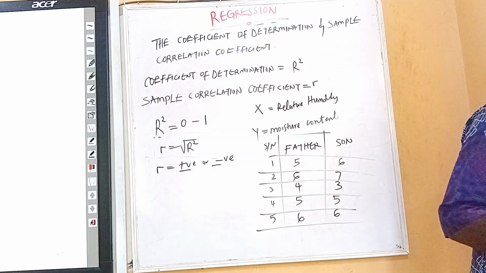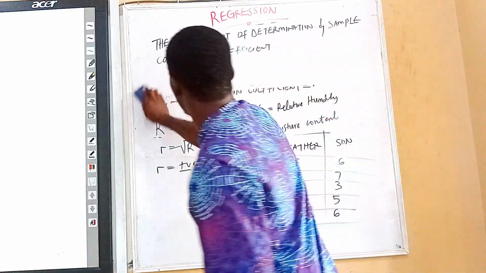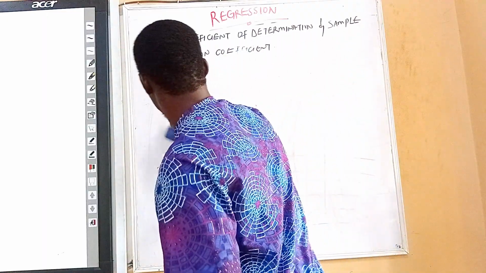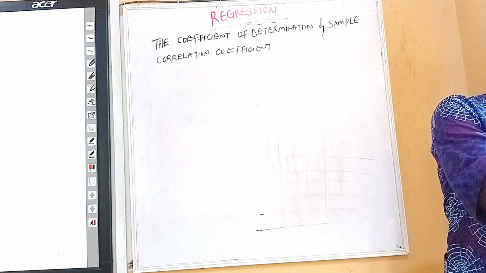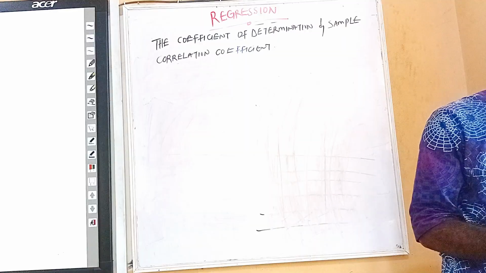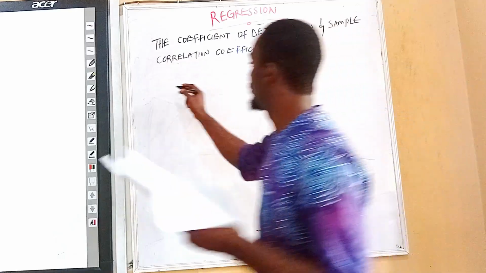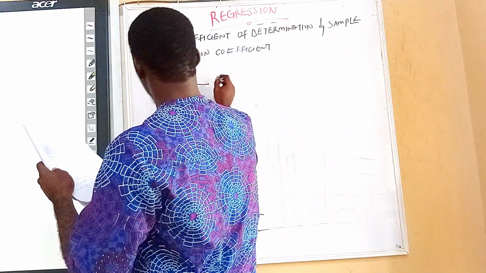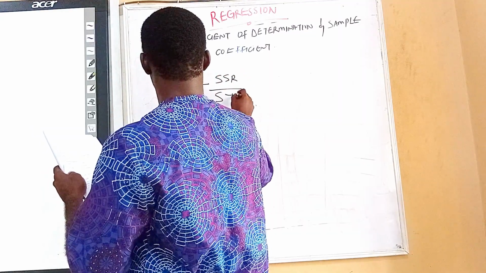So our R squared is equal to 1 minus SSR over SYY.